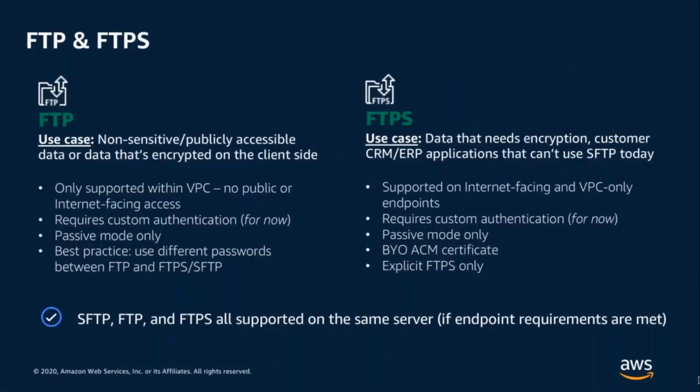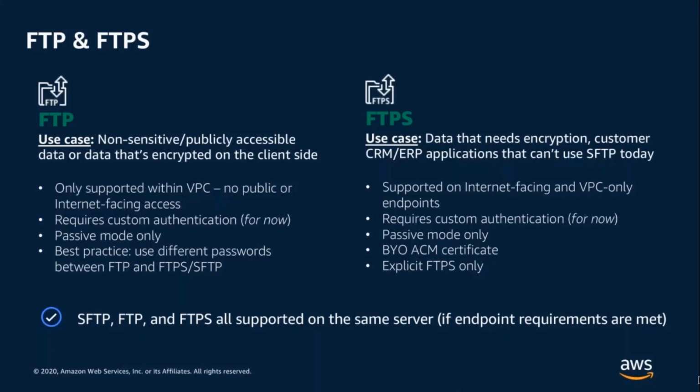I'd like to speak a little bit about support for FTP and FTPS. The protocol FTP, we recommend that you use it for non-sensitive data or data that's already encrypted on the wire before it leaves the client side. FTP is only supported within your VPC, so using the service, you cannot make any endpoint publicly accessible or internet-facing if clear text FTP is enabled on it.